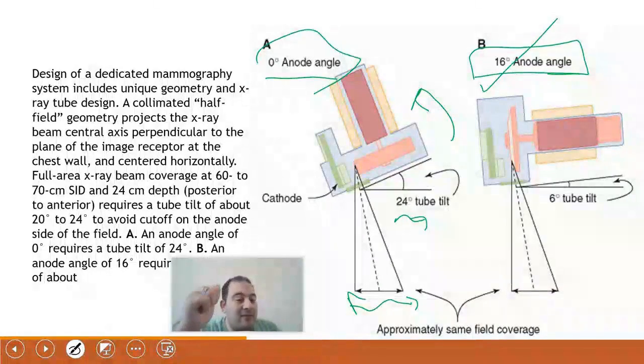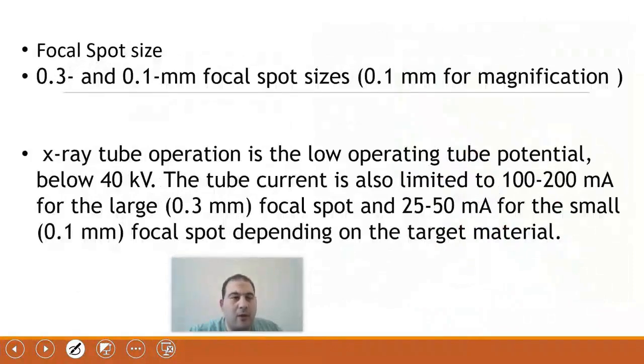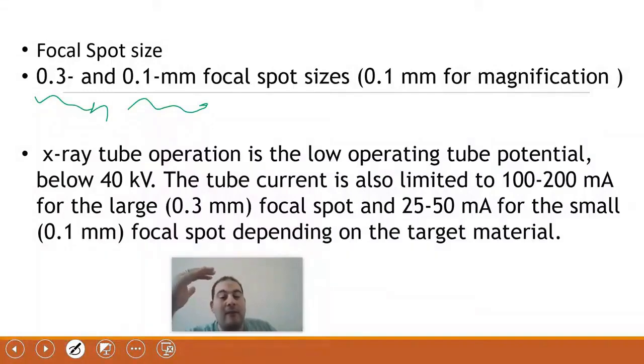That's why this tilting is very important. To give you the same field coverage for the breast, the focal spot sizes used here are 0.3 and 0.1 millimeter focal spot sizes. However, you need to use the magnification technique, which brings the breast closer. This increases the sharpness and enhances the image quality.